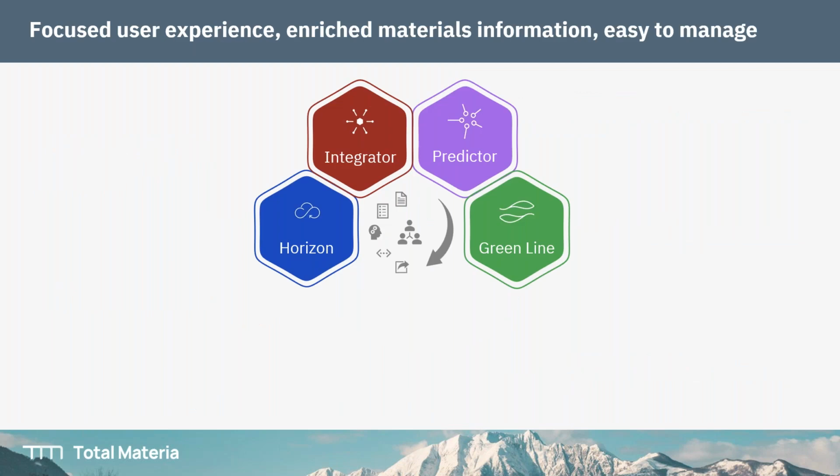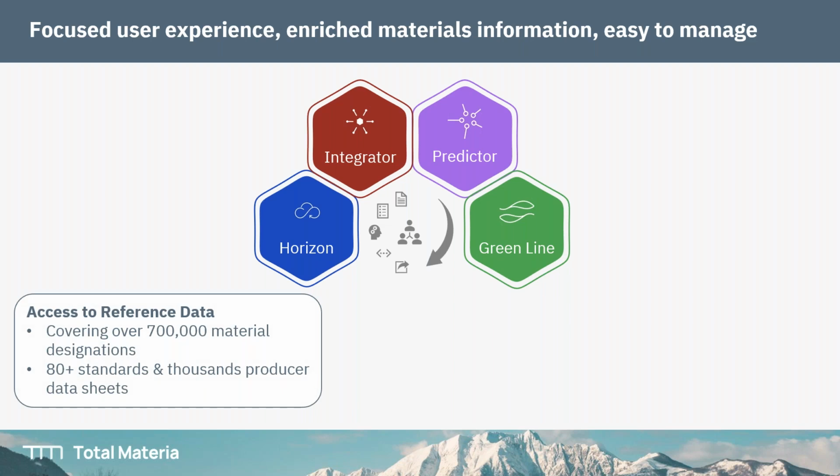These are our solutions here. Horizon, for which you can create a free trial and see only a small part of Materia, covers over 700,000 materials, yes, metal, non-metal, polymer, wood, a lot of different material options, and over 80 national standards, which you can use to find the equivalence of a material in different standards.